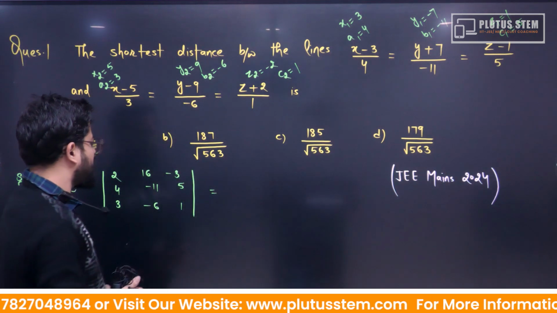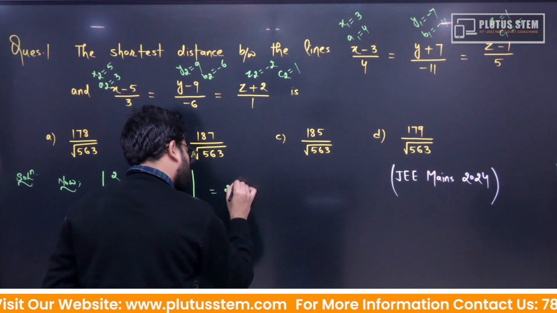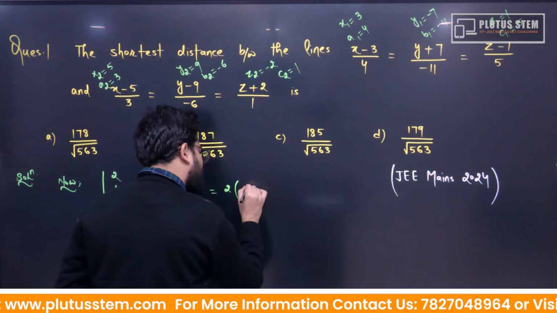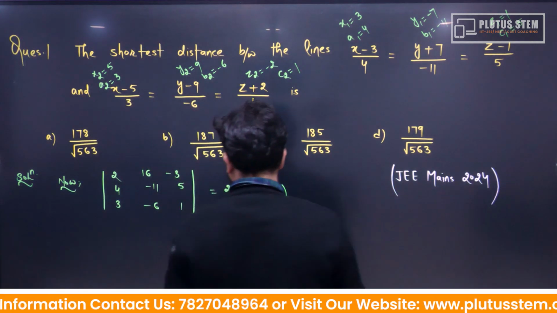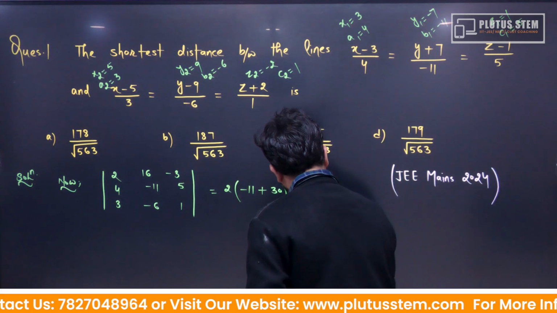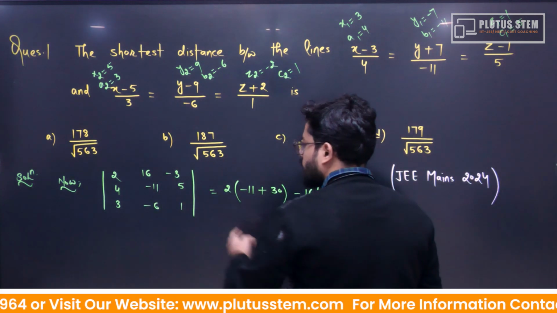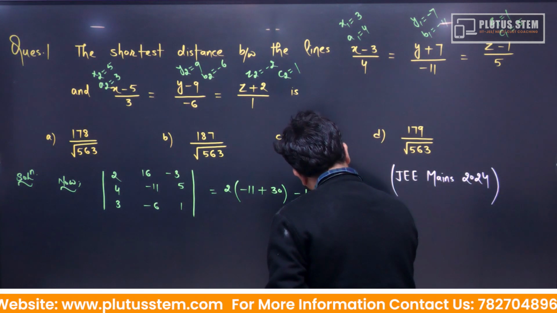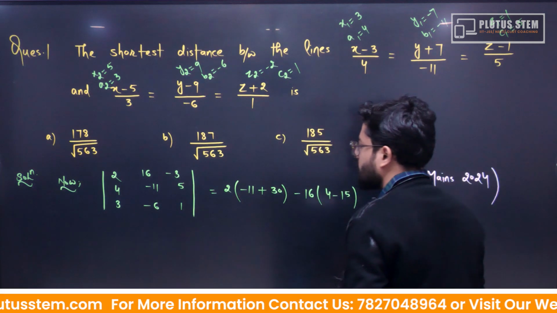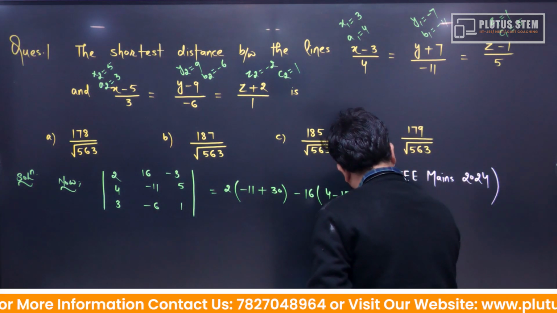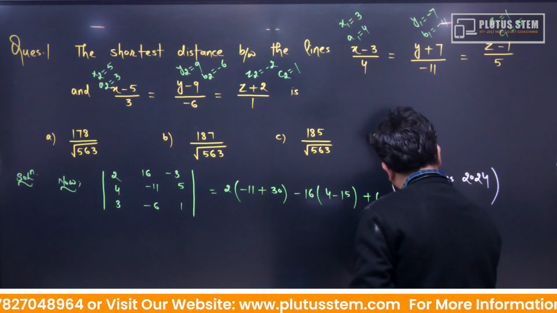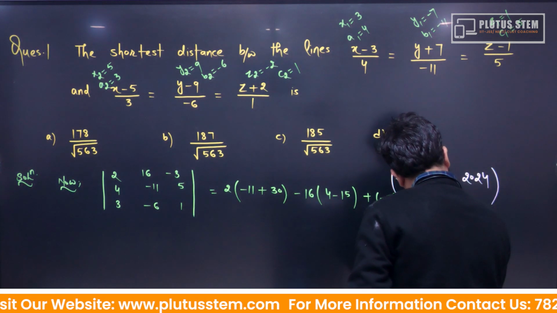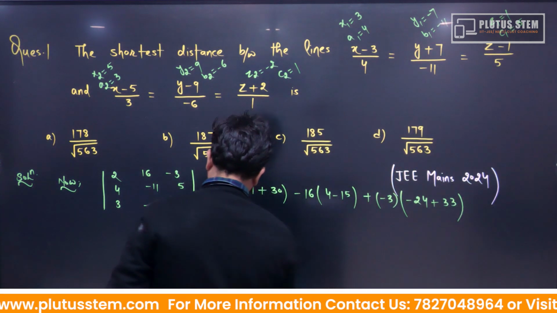When you simplify it, you will get 2 into (minus 11 plus 30), minus 16 into (4 minus 15), and plus minus 3 into (minus 24 plus 33). So just calculate it.